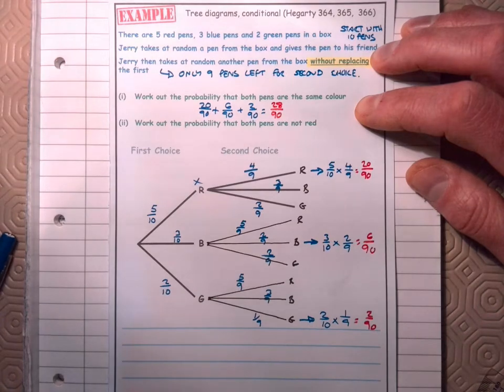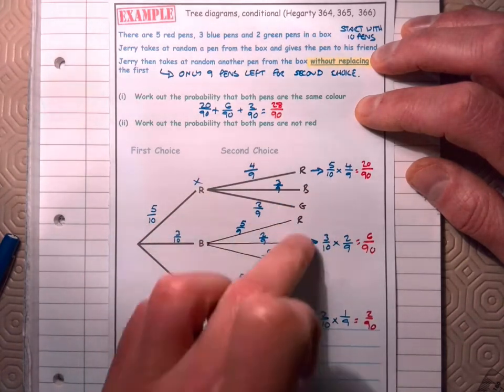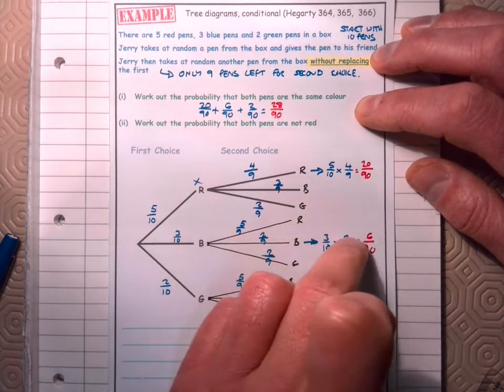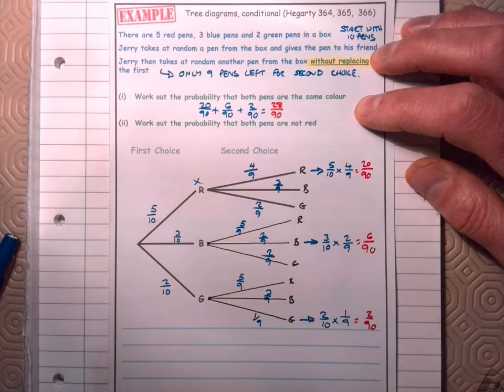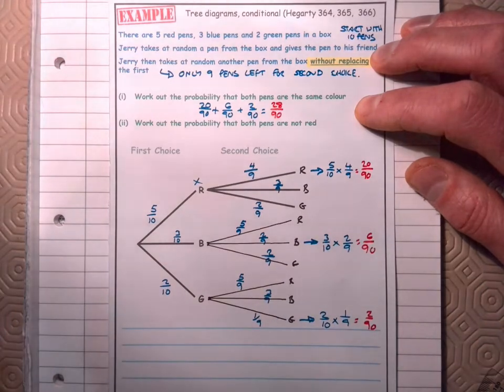Now, the probability that both pens are not red. Well, I already know what the probability for both pens being red is. There's a bit of a trick here in the sense that all the rest of the tree is the pens not being red. I could work out all the individual probabilities for all these parts of the tree, or I could just say that all of the probabilities, if I added them all up, would add to 1.